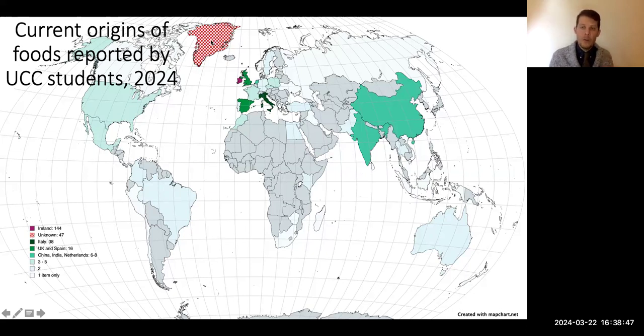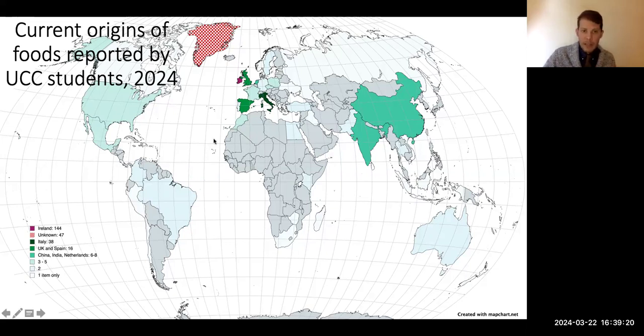And the unknown were generally grains. So in a lot of cases, people used flour of some kind in some kind of baking, and that flour is extremely difficult to identify the origins of. It's pretty mysterious. And so in many cases, the flour would simply say maybe grown in the EU, maybe it would say North American. Just a handful of people were able to get flour and determine the actual origin of that flour.